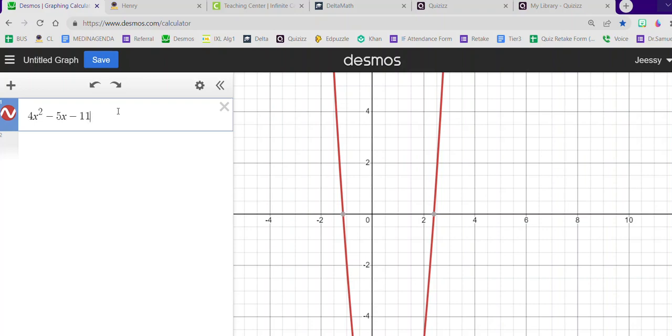All right, so then pay attention, because third period had a little problem at the end because they weren't paying attention to what I wanted. So I want you to take the equation, don't put the equal sign. Do you see how it just says 4x squared minus 5x minus 11? Yes? And then find, see? You click on it and it gives you both x intercepts.